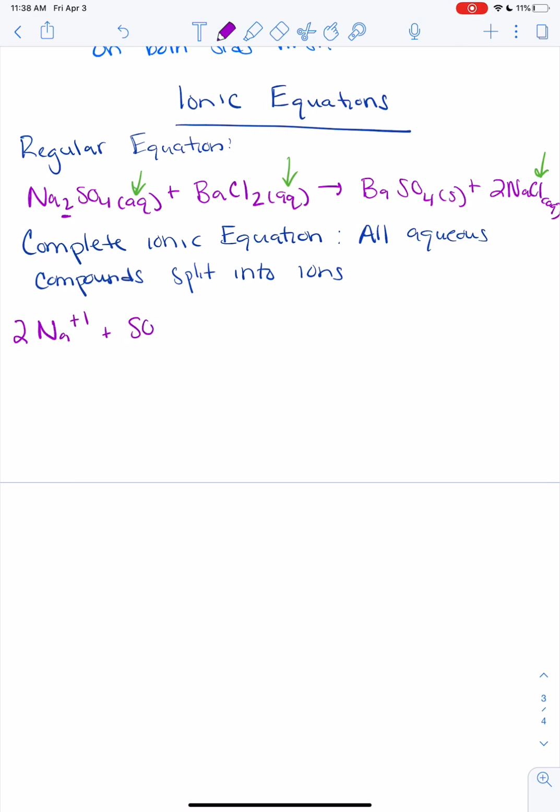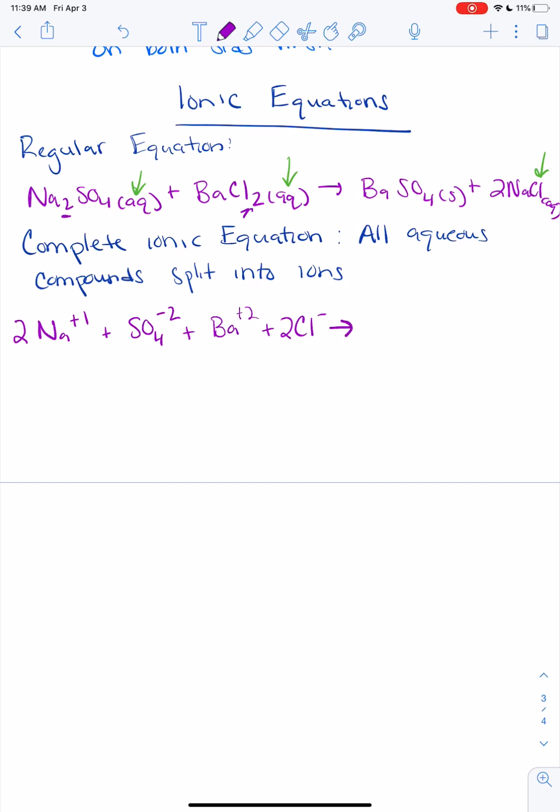Okay, SO4, we remember is a polyatomic with a charge of -2. Doesn't have a subscript, so that's all I'm putting there. Barium has a charge of +2. You could find that on your periodic table. Chlorine, we know, has a charge of -1. We see that little subscript there, so we say there's 2 chlorine ions.